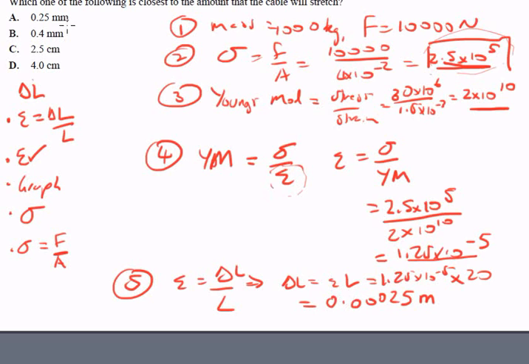Right, then I've just got to say, because they don't have it in meters, they've got the answer in millimeters or centimeters. Well, if I times that by 1,000, I put it into millimeters, which gives me 0.25 millimeters.